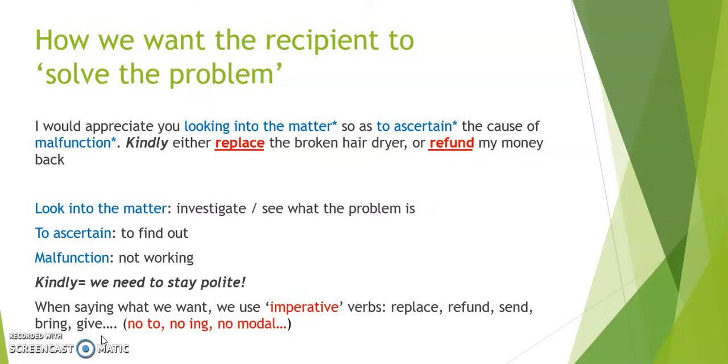Any kind of verb that you want to use cannot have to, it cannot have ing, and it cannot have a modal like should, could, would, will, can. It cannot have any of these. It is the pure and simple form of verb, the imperative. So here I'm specifically telling the recipient what they can do to make me happy.